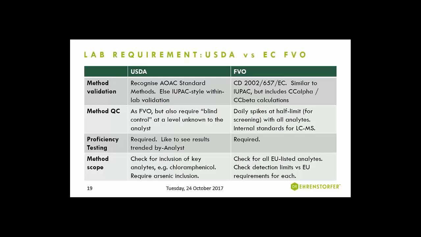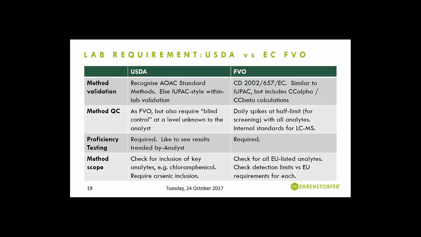The US have traditionally given more of an emphasis to the use of standard methods, but this is changing. They have some particular requirements, such as liking to see control samples that are blind to the analyst, and seeing proficiency test results trended by analyst as well as by method. The US uniquely also require that arsenic is included in heavy metal tests.